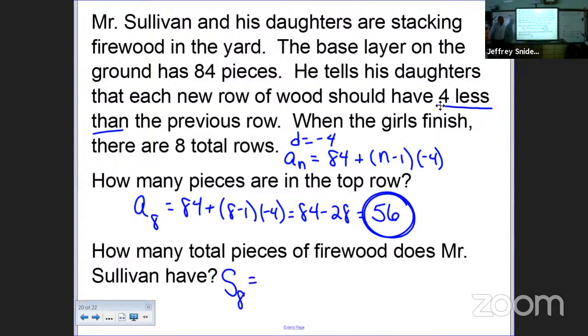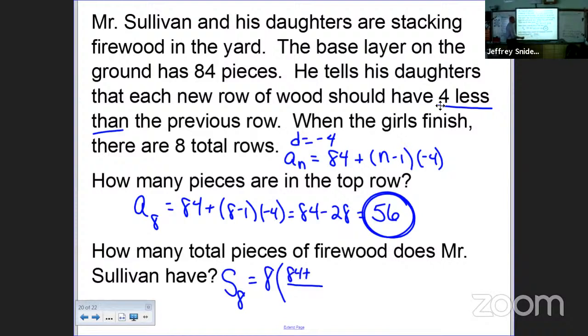So if I'm doing that, it would be what? 8 times, what are the two things I add together? First term and the last term, right? What is the first term? 84. And we just found the last term.